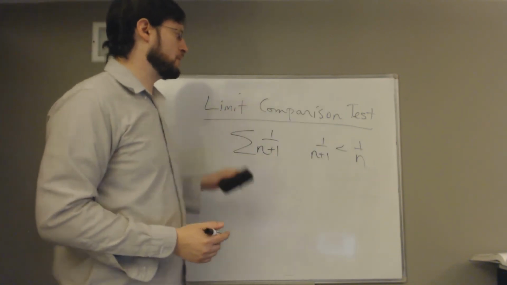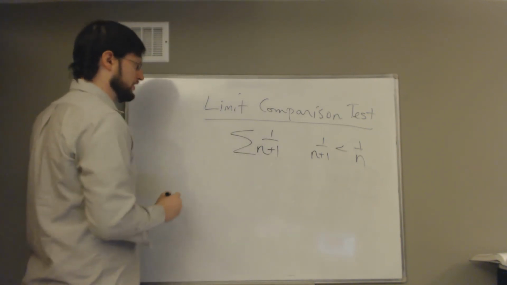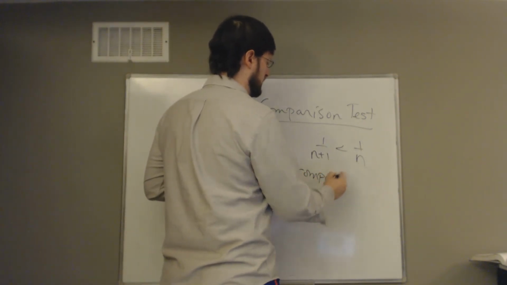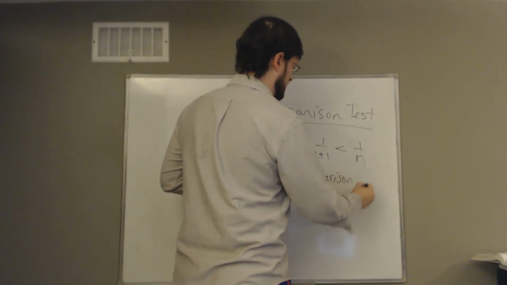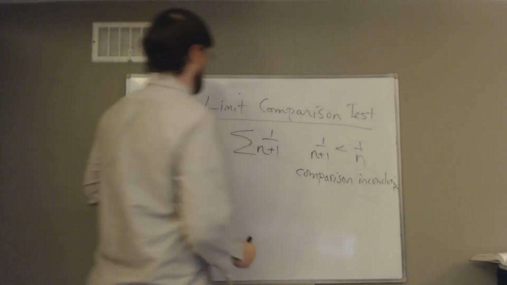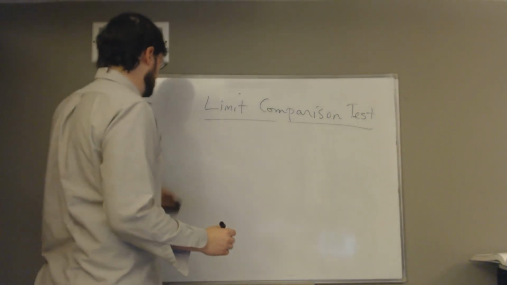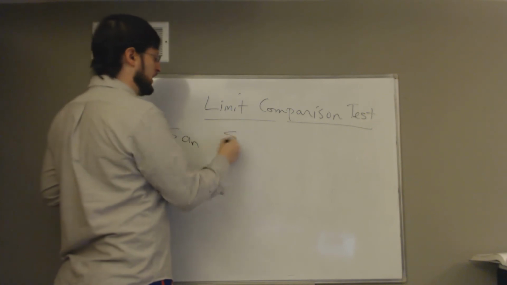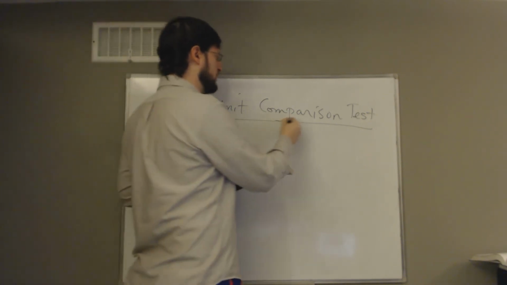And so we have to apply what's called the limit comparison test, which says this. The comparison test in this case is inconclusive. So the limit comparison test says that if the comparison test is inconclusive, suppose that I have two series, sum of an and sum of bn, both of which are bigger than 0.